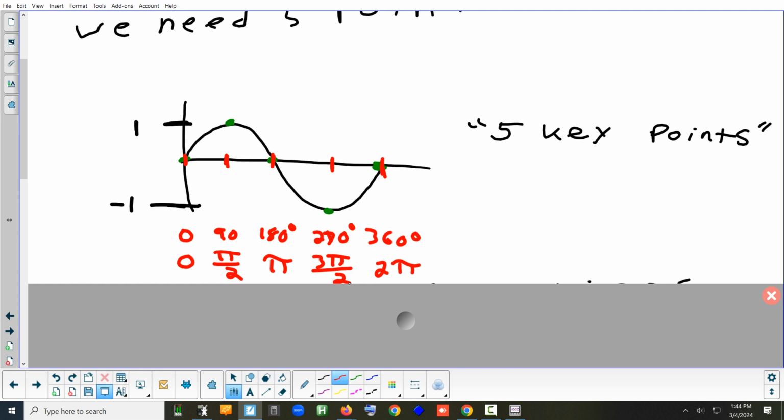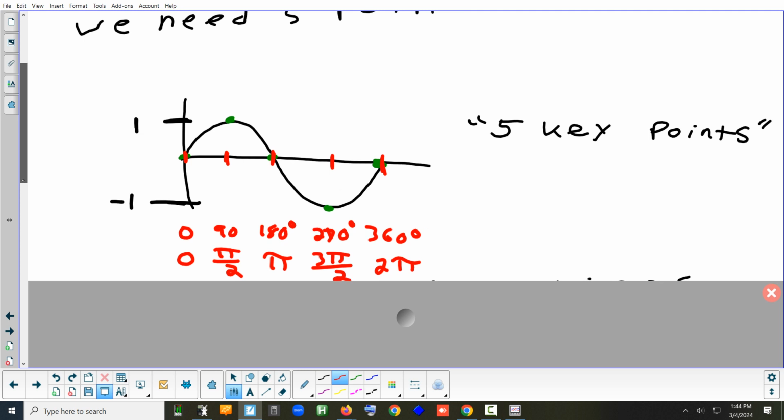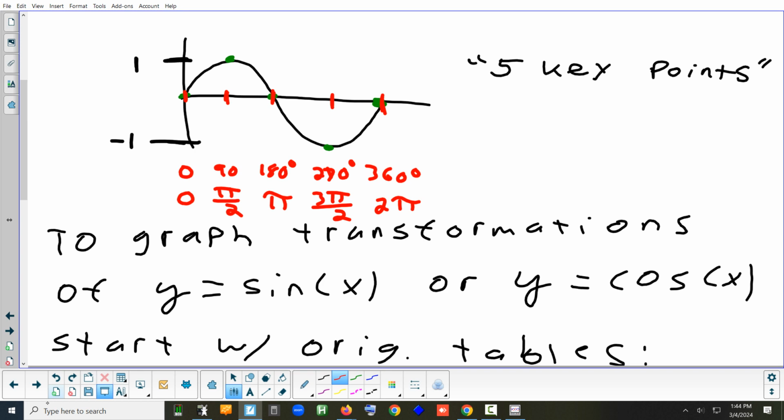So what we're going to do now is just write down the coordinates of those green dots. Because every transformation that we do has to start somewhere. That's where it's going to start from, at least for sine. Okay? I'll put the picture of cosine on the calculator. But this is the exact picture of the first cycle of sine.